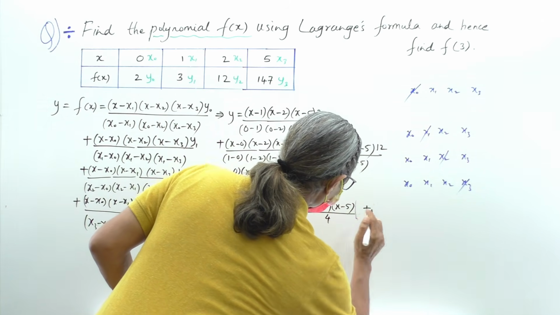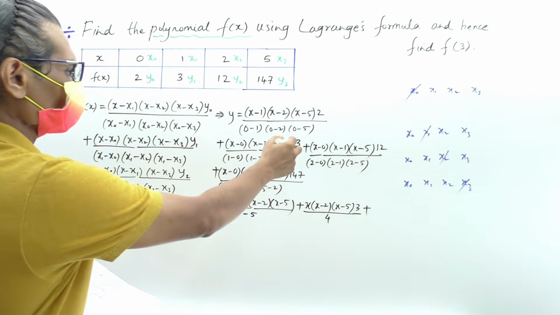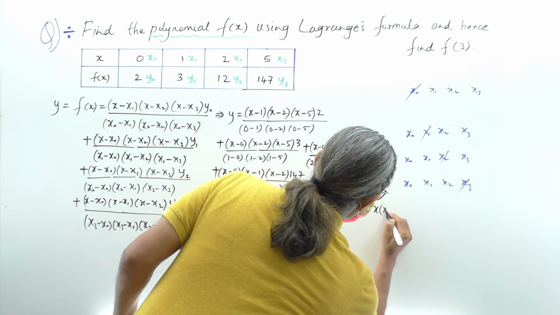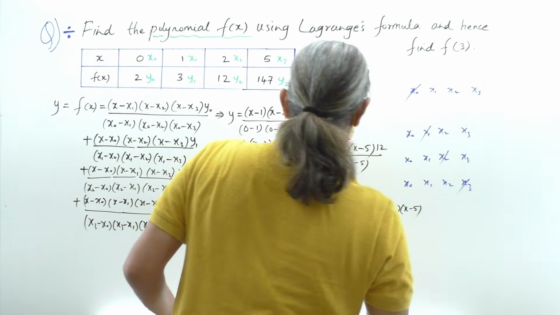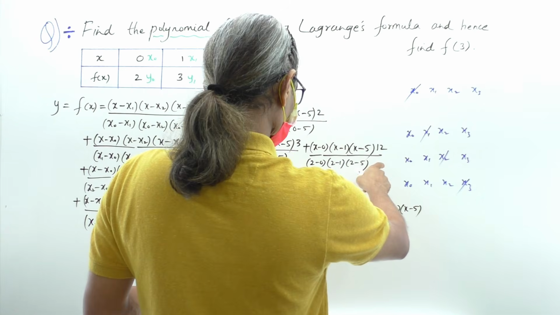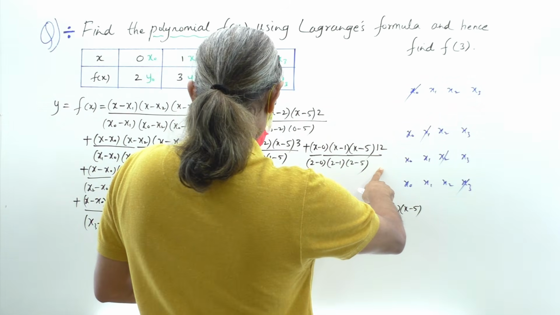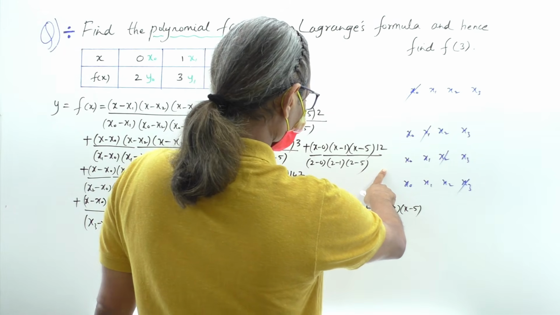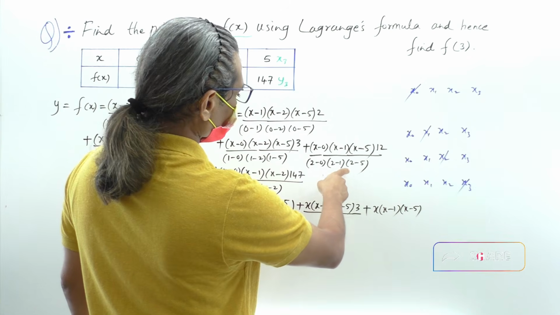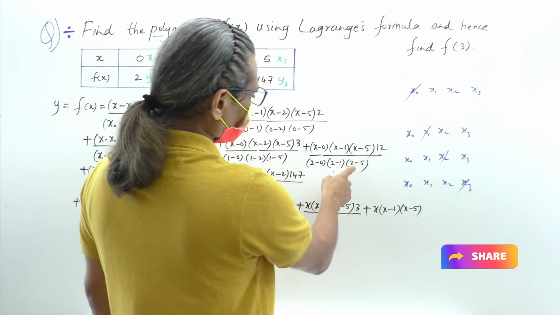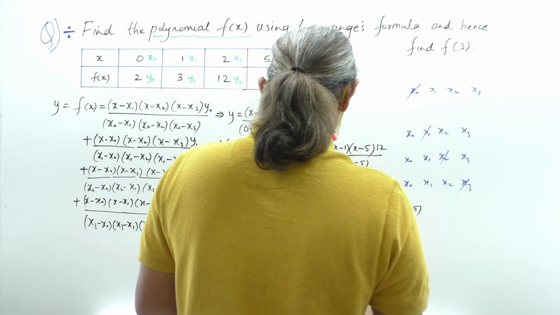Plus again this will be 3 by 4, and the next term will be x into x minus 1 into x minus 5 into 12, correct, so this will be 2 6 of 12, and 2 minus 1 is 1, 2 minus 5 is minus 3, 3 4s are 12, 2 2s are 4, correct.